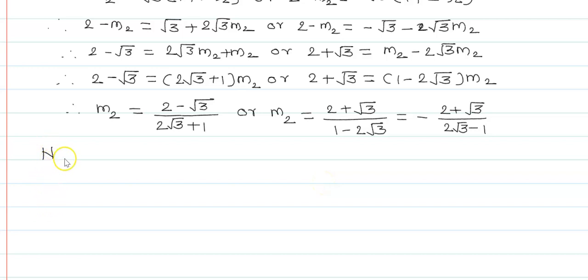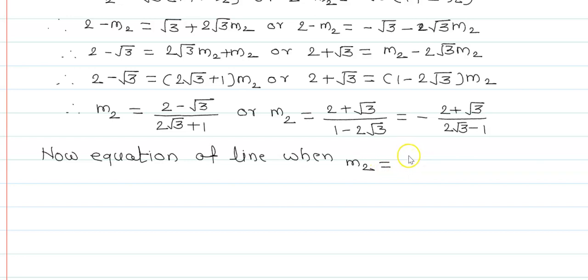Now, equation of line when m2 is equals to, okay, 2 minus root 3 upon 2 root 3 plus 1.